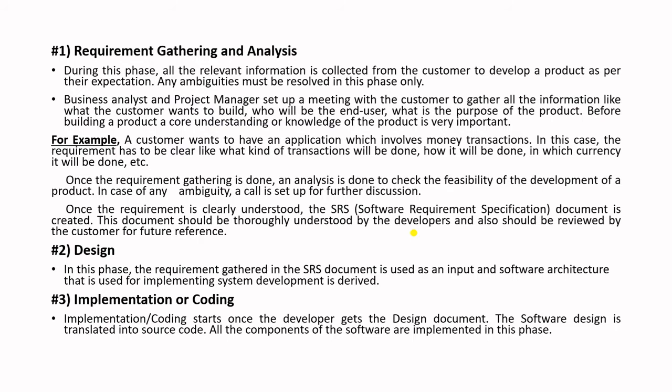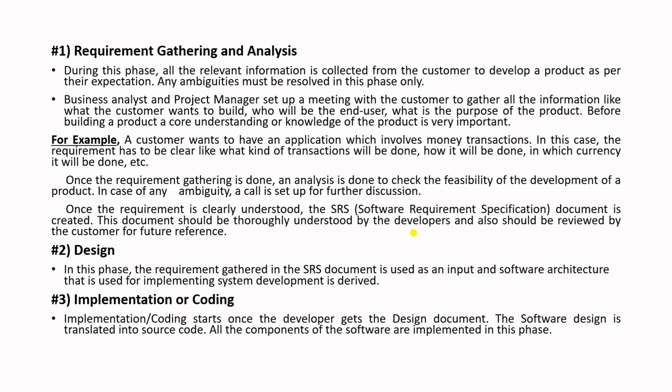Means, if anybody wants to develop software for college management, college management software, so first of all, what information will be relevant? The student information, faculty information, payment information. There are so many things which have to be taken into consideration. So during this phase, all the relevant information is collected from the customer to develop a product as per their expectation. What you want from the software.